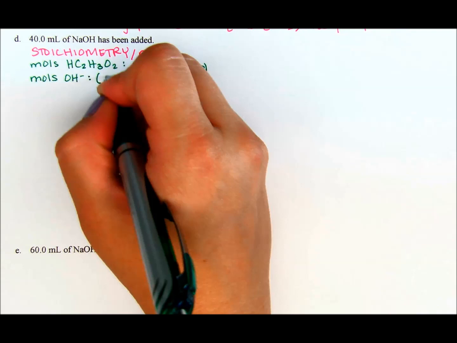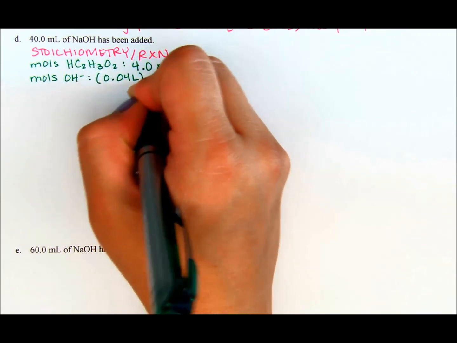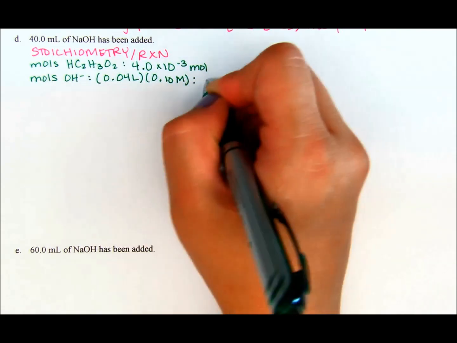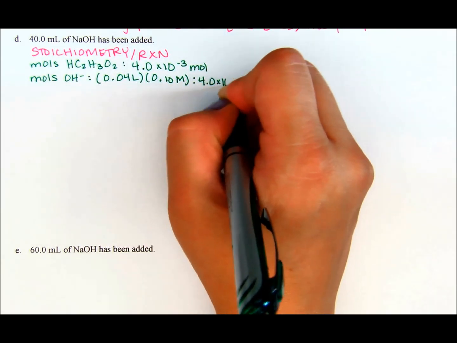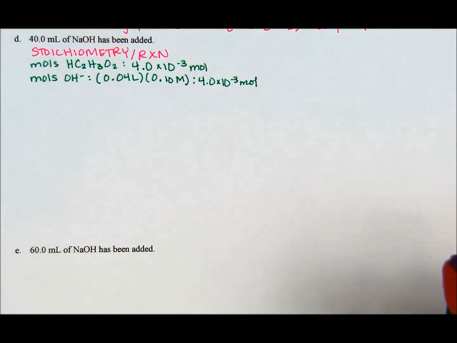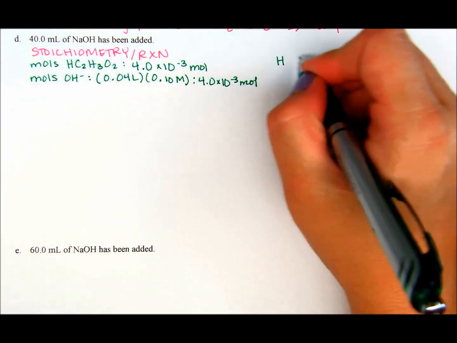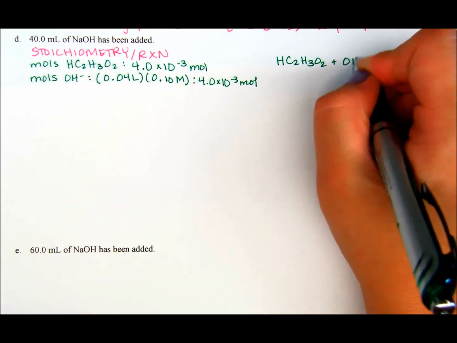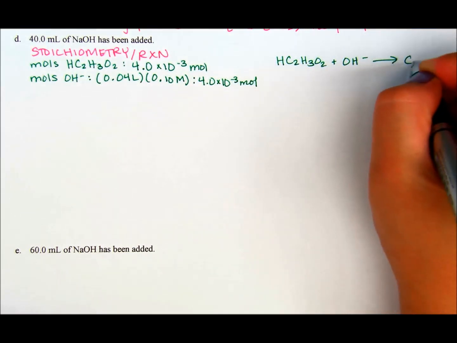Let's see, at this point, we've added 0.04 liters, and it was at 0.10 molar. So we also have 4.0 times 10 to the negative 3 moles, and you can kind of see where this is going. So let's go ahead and write our reaction here. Our acetic acid plus your hydroxide is going to yield acetate.